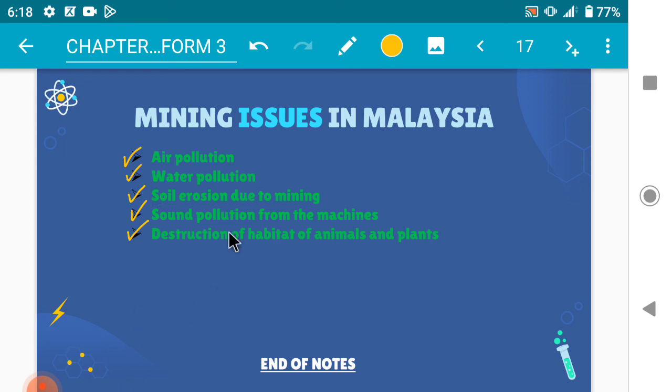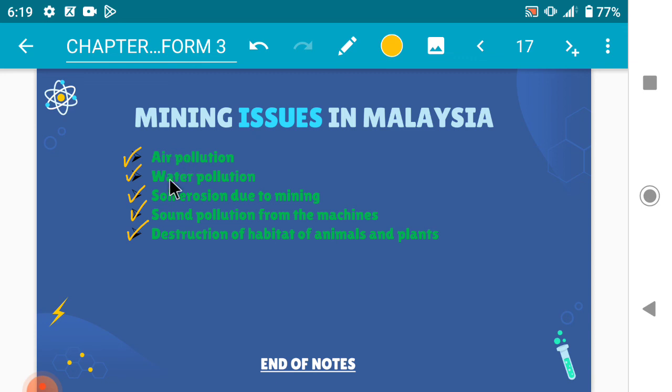And also of course you will have soil erosion because you did mining, right? You dig down the earth crust, and this will cause soil erosion when it rains and so on. And also water pollution and air pollution.